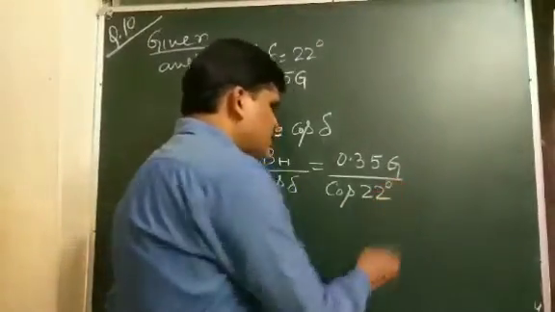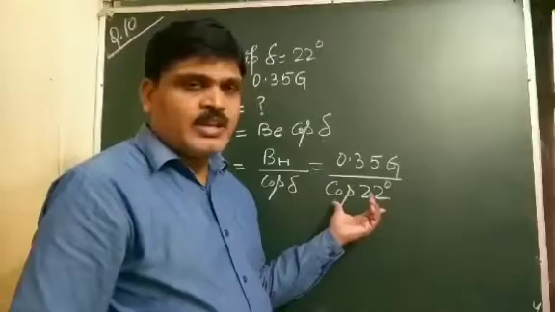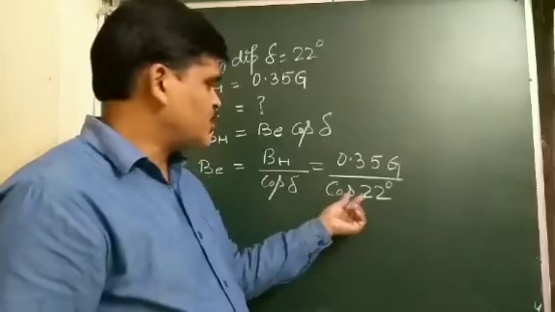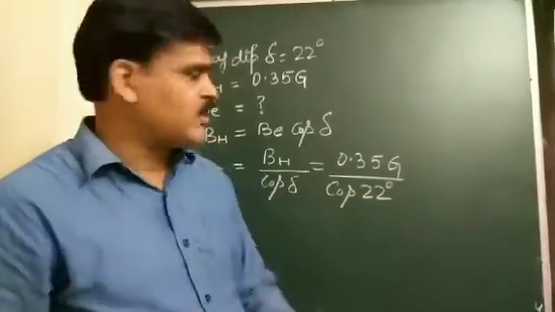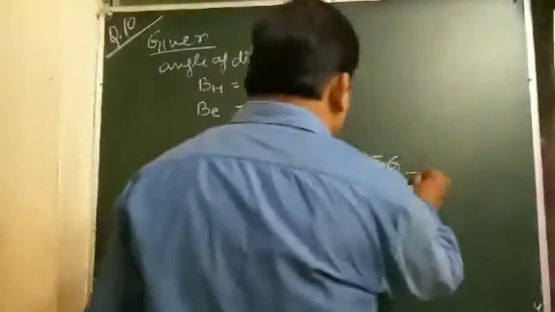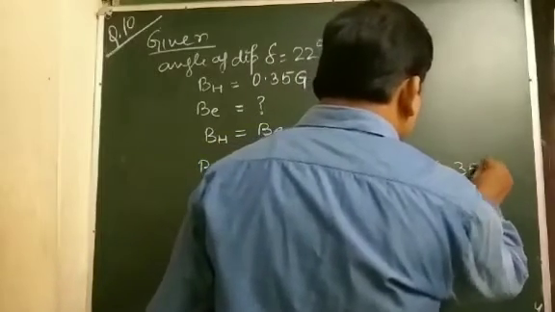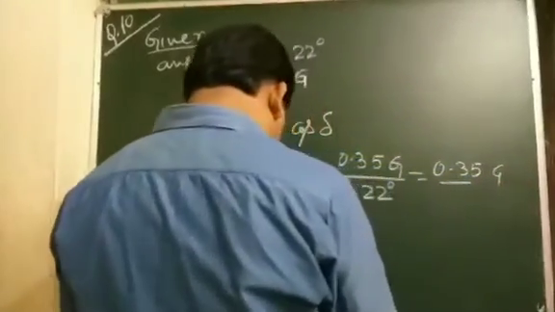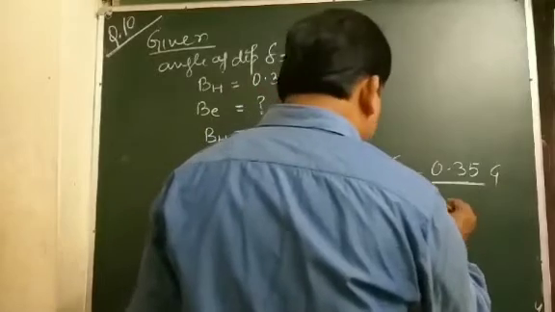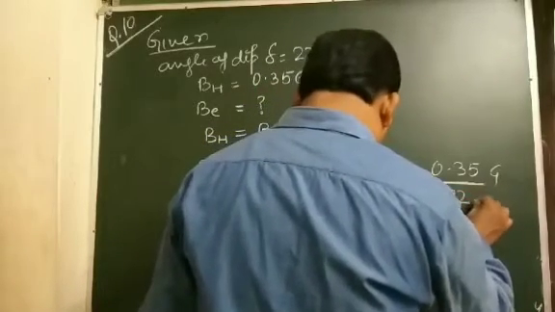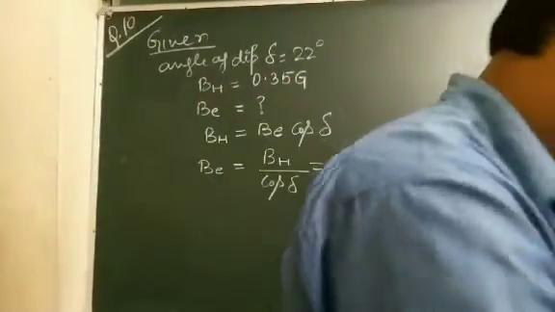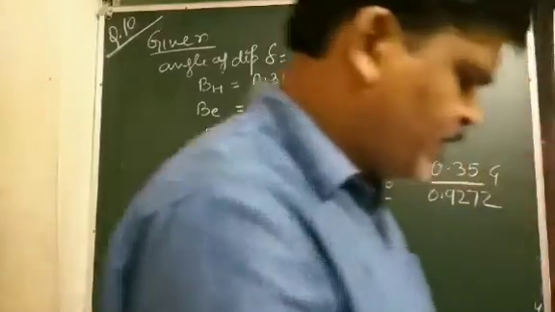And student, use the cosine table in the log book, find the value of cos 22 degree from the natural cosine table in the log book, and this value can be directly written here. 0.35 G, and cos 22 degree, when you see the natural cosine table, its value is 0.9272.